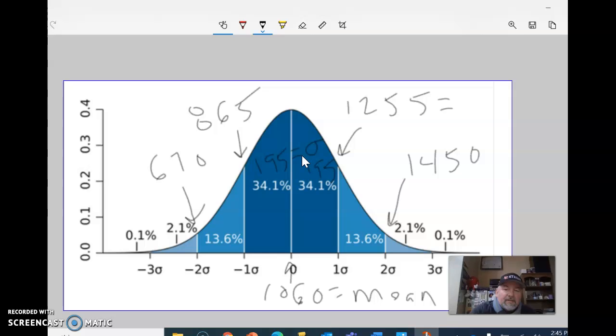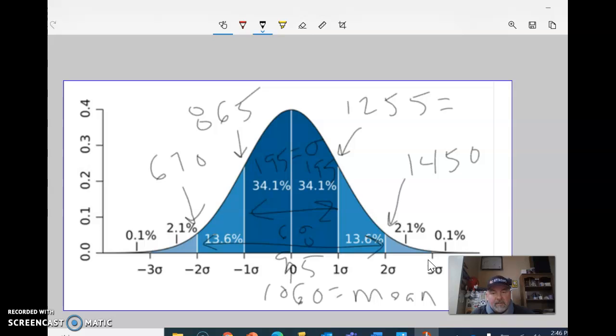We'll just do that little symbol there. If you know that, you can figure out where you are in here. And we know that right here, this is about 68% of all scores. Right here, this is about 95% of all scores. And then we know that between 3 standard deviations is 99% of all scores.